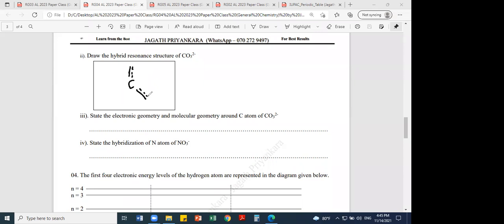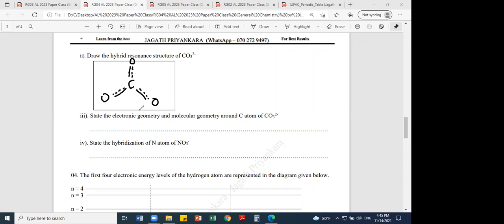This double bond, you can draw as a dotted line like this. This is the resonance hybrid. And you can put here minus 2 over 3 on each oxygen, or you can put outside of this bracket 2 minus, CO3.